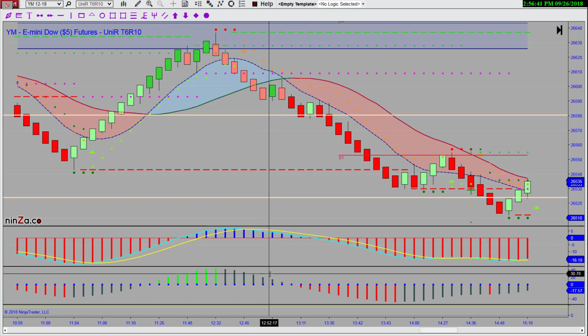It's R squeeze, Herb. It's very similar to the TTM squeeze, the Trade the Markets squeeze indicator that John, what's John's last name? Carter.